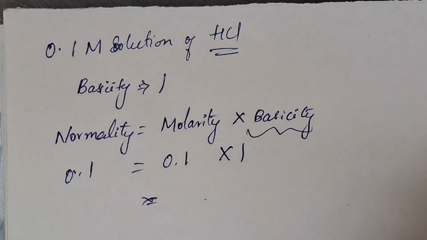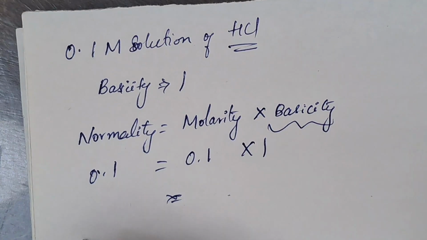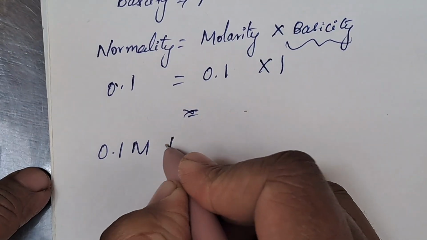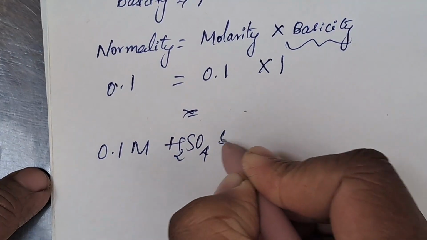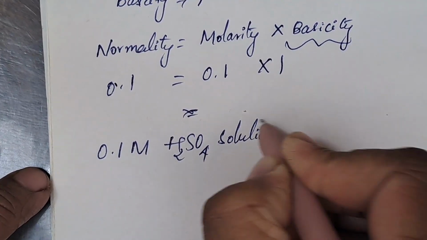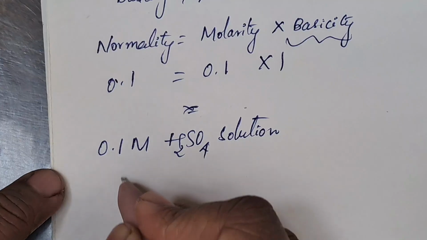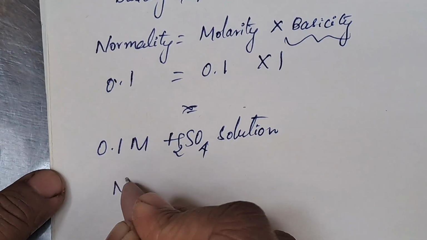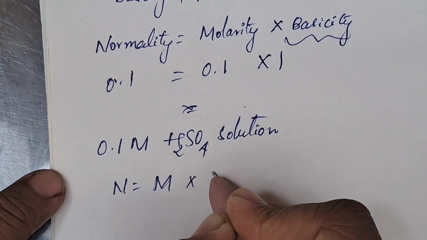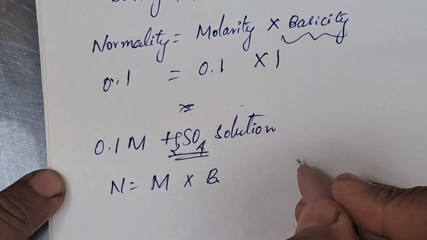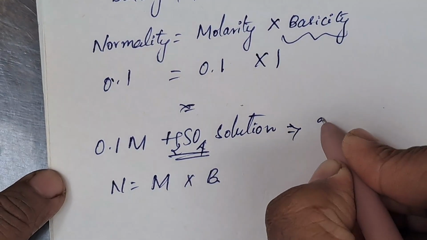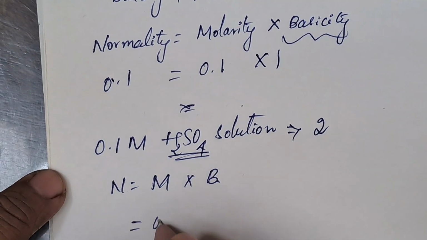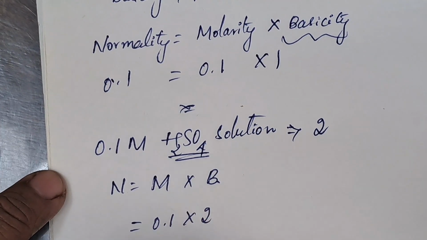If it is more than 1, what happens? Say for example, I have a 0.1 molar H2SO4 solution. What would be its normality? According to the above formula, normality is equal to molarity into basicity. Since it is an acid, the basicity of sulfuric acid is 2. So molarity will be 0.1 into 2.